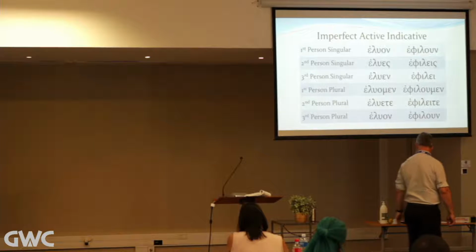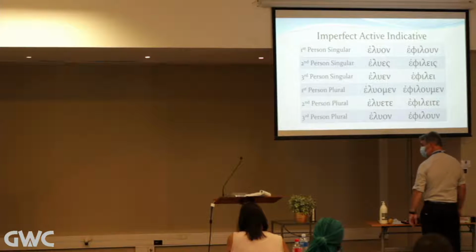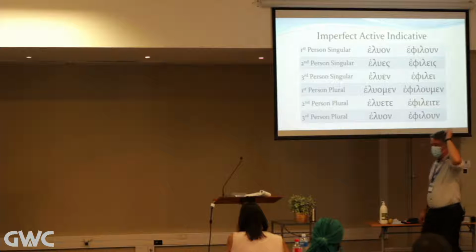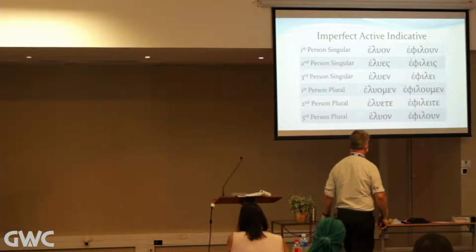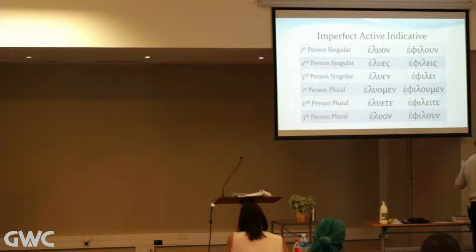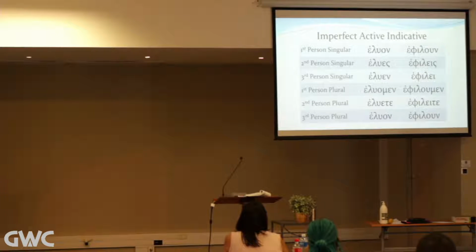Now look at this. I need a pointer. I can't reach up there. It's too far away. Do you notice something different happened here? Almost. Eluen, well, I'd expect it to be ephilein, right?